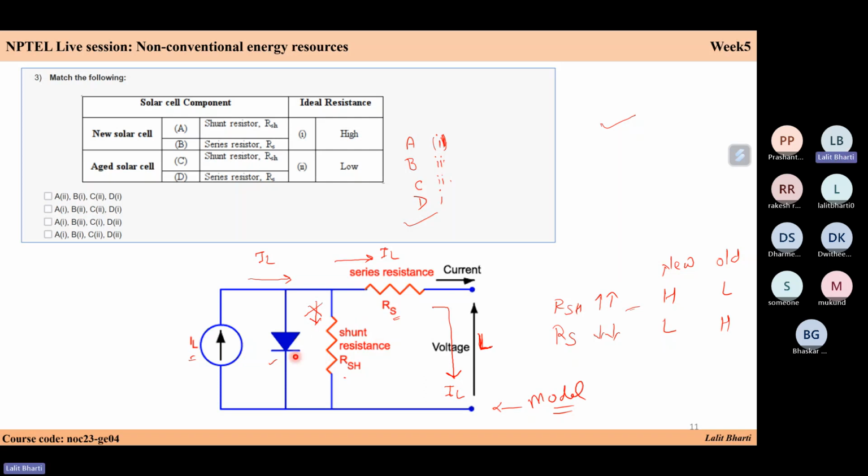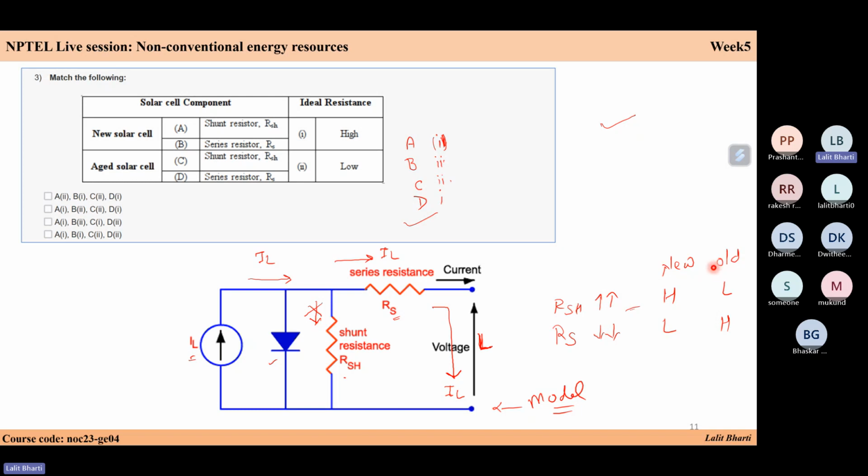Shunt resistance is also representing the resistive losses of a solar cell. Your resistive losses should be very low, so your RSH should be high and RS, the series resistance, should be low. For your new solar cell, yes, you have the high shunt resistance and low series resistance.